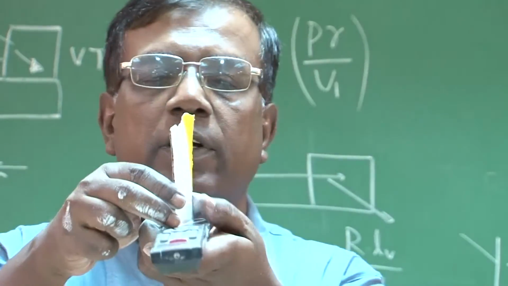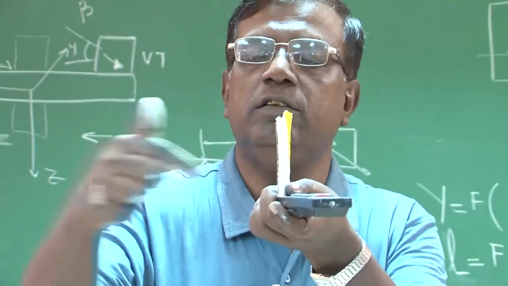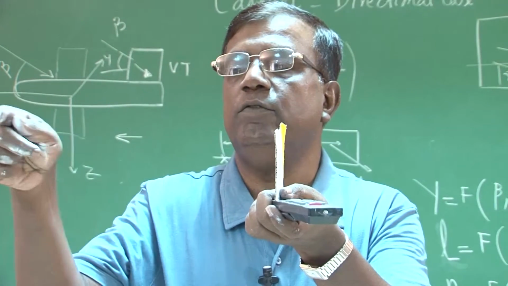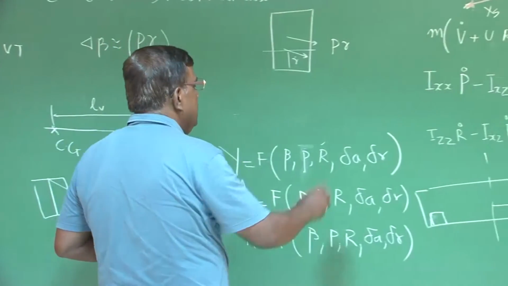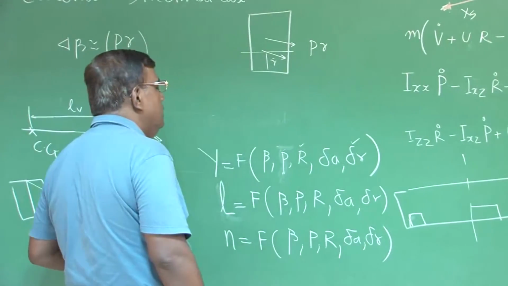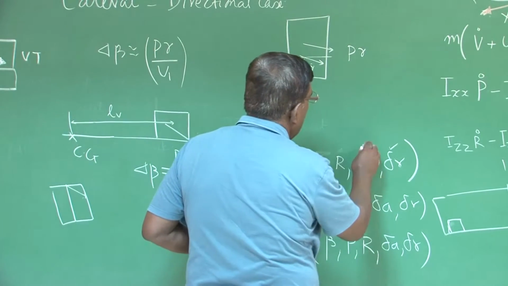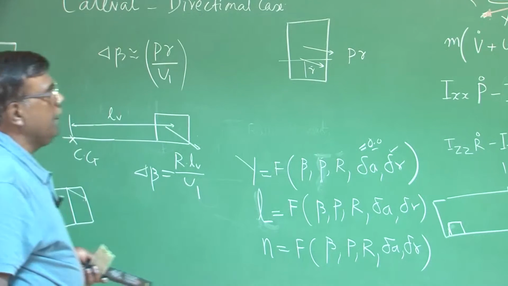As I am moving forward, there will be a force in this direction, and this is x, this is y and z. So, positive delta r will cause a side force in the positive y direction, right. So, the point is delta r also will cause a force along y. For time being, we will assume that delta a hardly contributes any force in the y direction, right, at the first approximation.